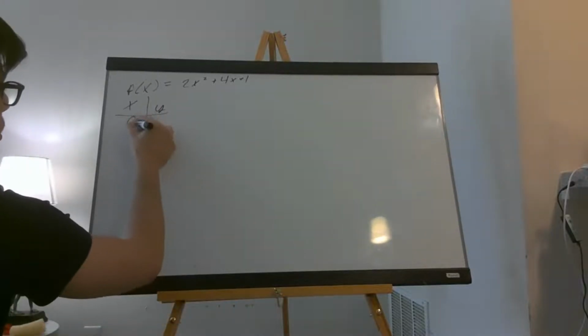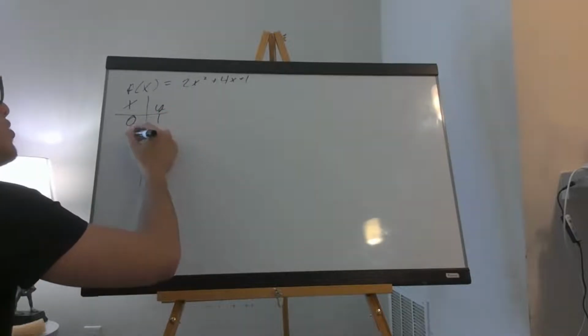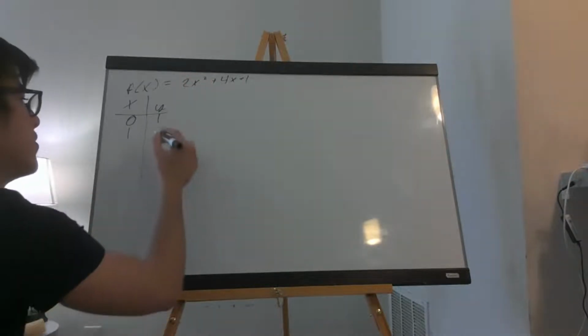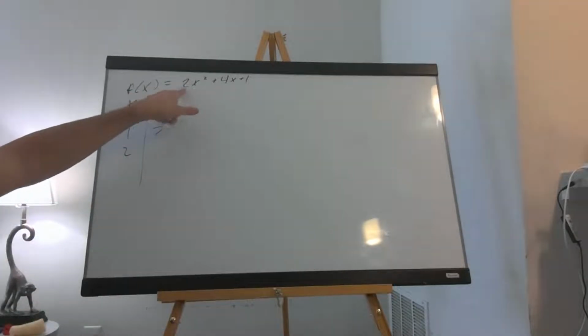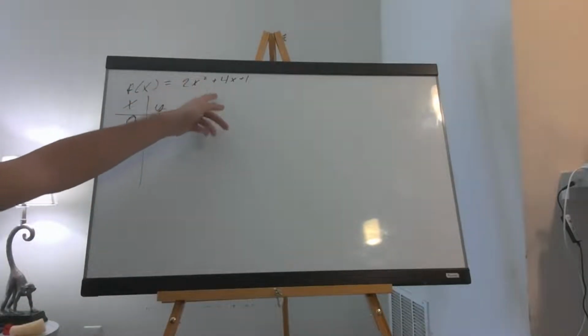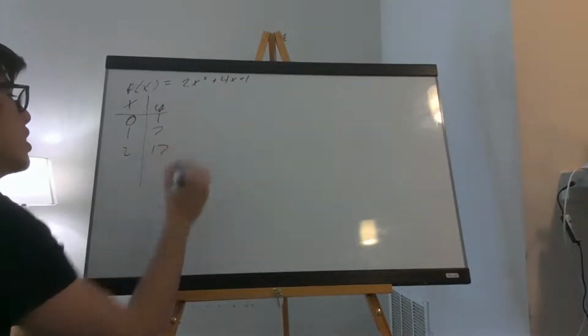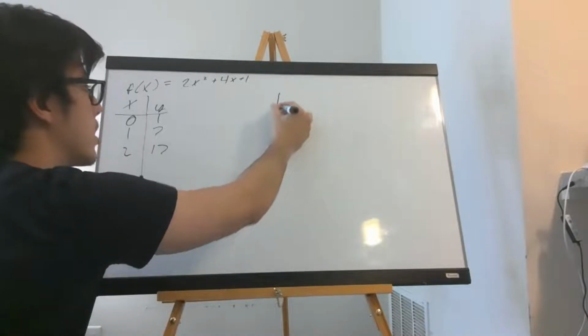If we plug in 0 for x, we'll get the y-intercept. It's just going to be 1. If we plug in 1 for x, that's going to give us 2 plus 4 plus 1, 7. If we plug in 2 for x, that's 2 times 4, which is 8, plus 8, so 16 plus 1, 17. That should be enough for us to get a general idea of what this is going to look like.